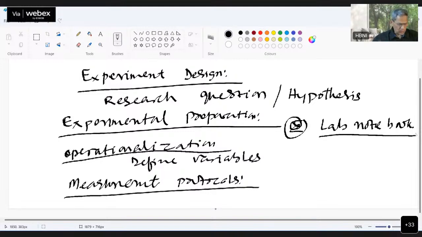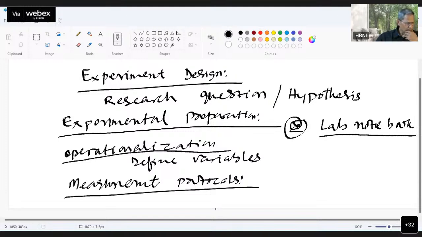And many times we forget in which condition we have done the experiment. So in your lab report, you should write everything. When you put the machine on, you write the on time, off time, and in between, if there is some problem, you should also write as a comment that this thing happened, that happened. Those things are very important, because they will be useful at a later time.